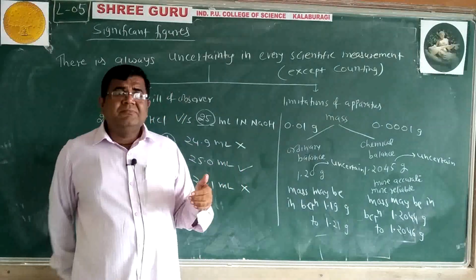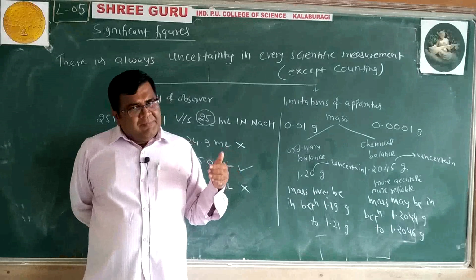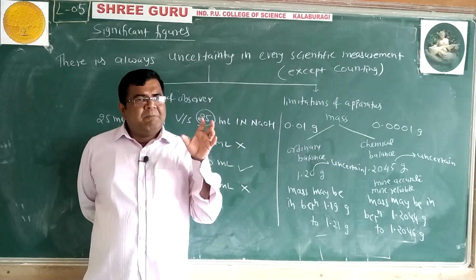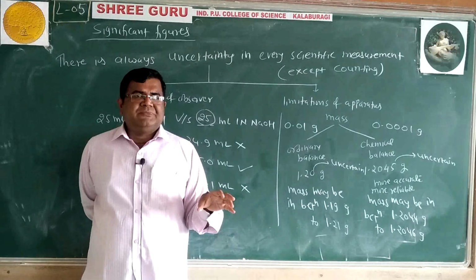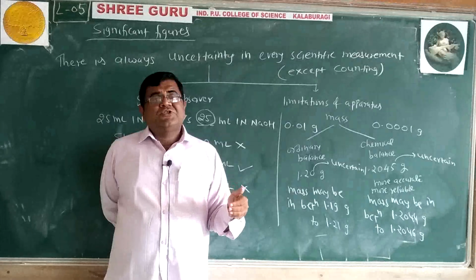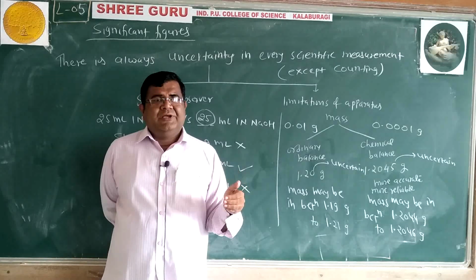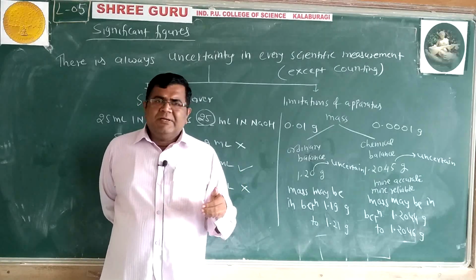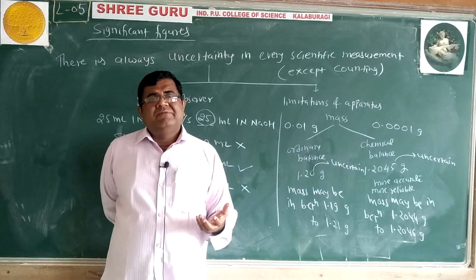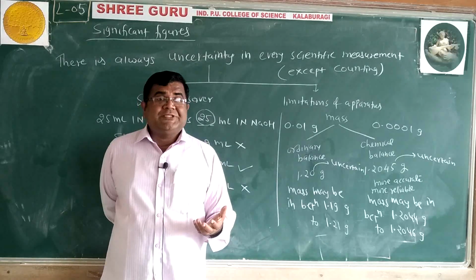So in these measurements, we come across this type of uncertainty. They are part of our measurement. Even though we want the results to be more accurate and more precise, this is not the way in which scientific measurements are reported.